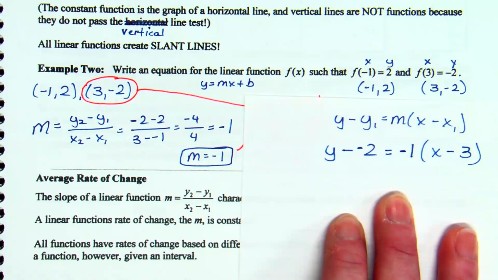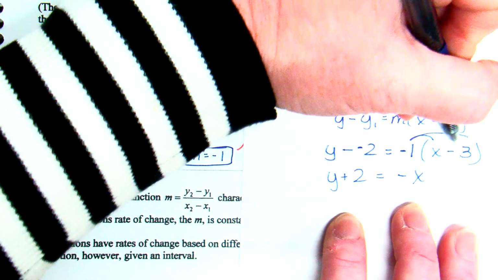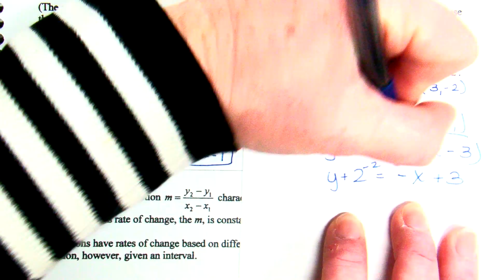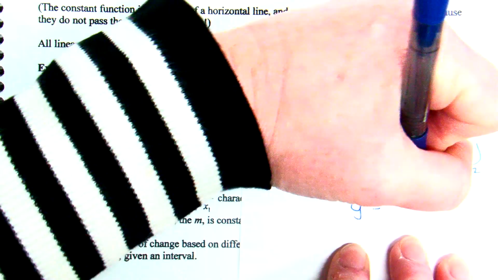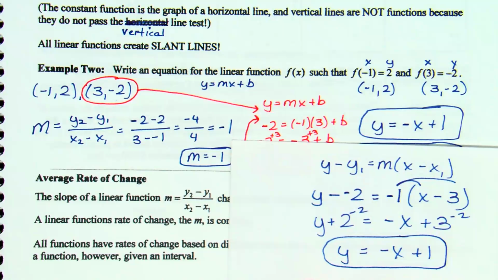Y plus 2. That's y plus 2. What do you do with the -1? Distribute. So it becomes -x and then plus 3. How do you get y by itself? If it's y plus 2, subtract 2. Y equals -x plus 1.